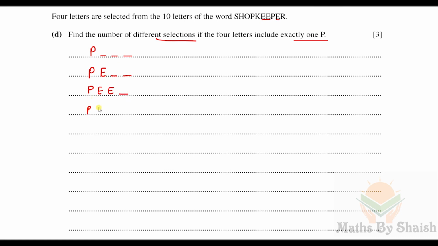And the last one is exactly three E's and one P. So we have done all four selections, and after taking this P we are left with 9 letters. When we are fixing that there's no E, or talking about E's, we have removed the E's as well. We are left with only 5 letters.